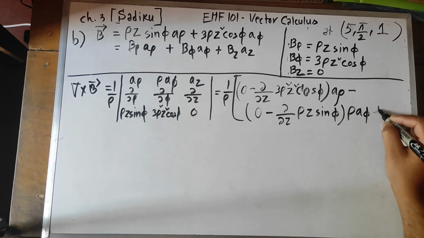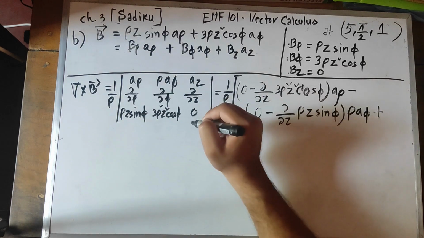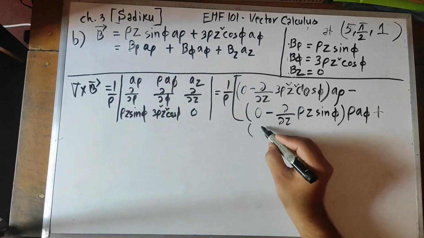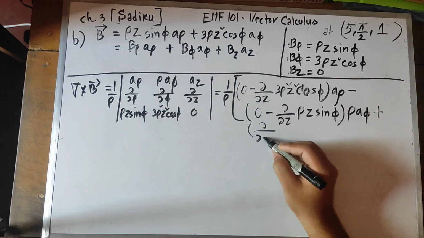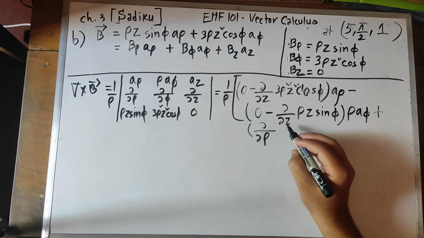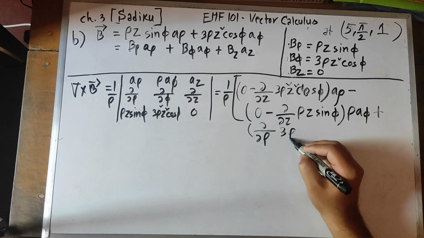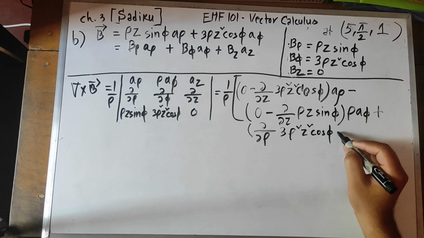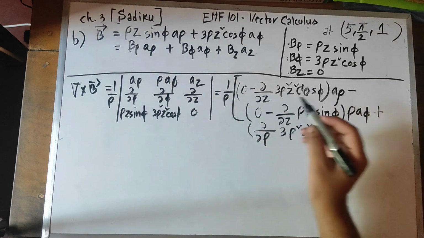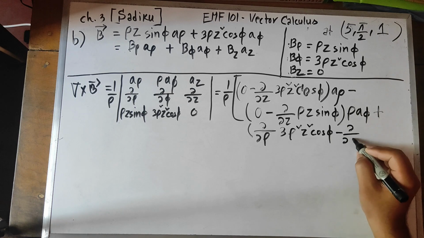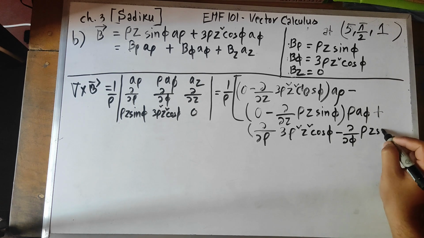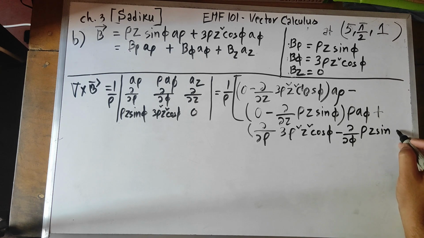Then plus, in the direction az, partial differentiation with respect to rho of 3 rho square z square cos phi minus the partial differentiation with respect to phi of rho z sin phi.